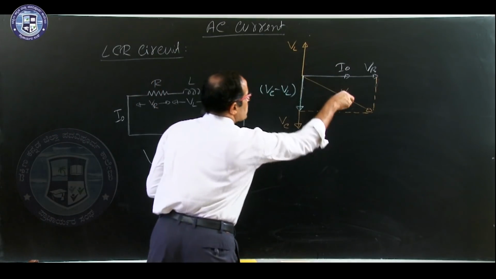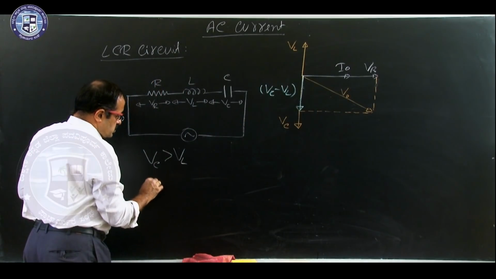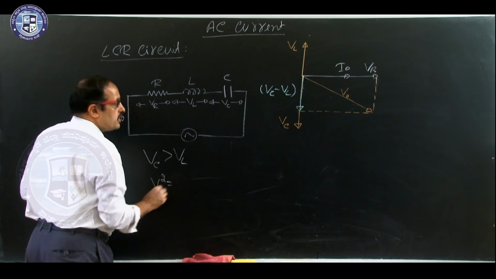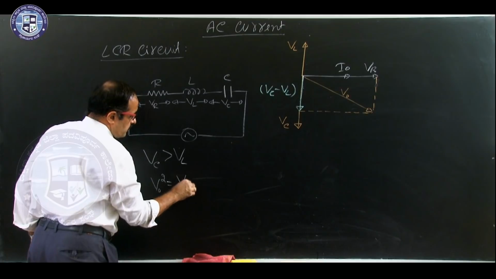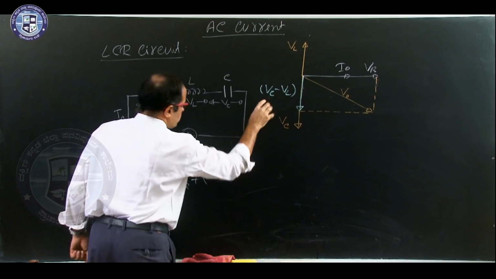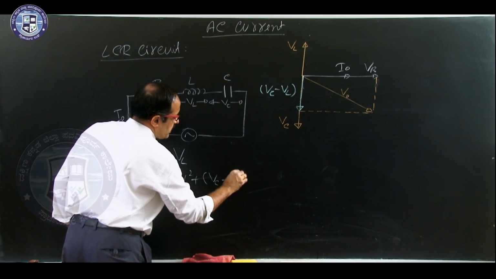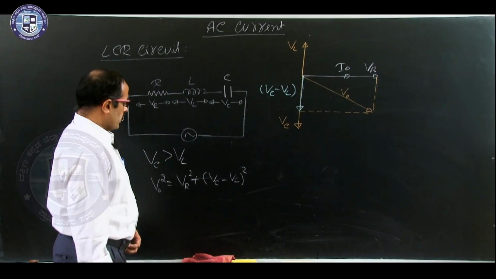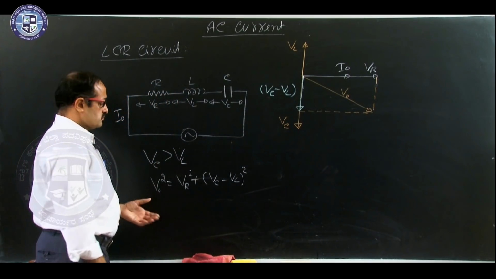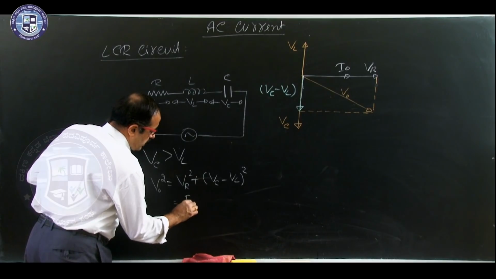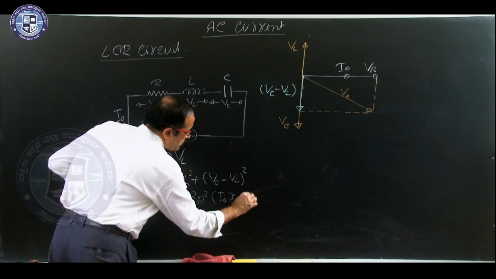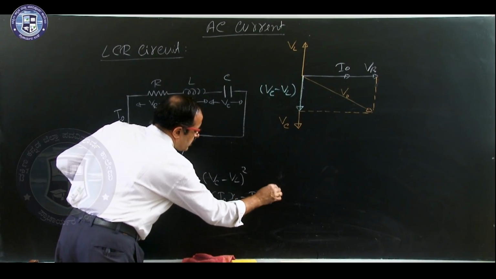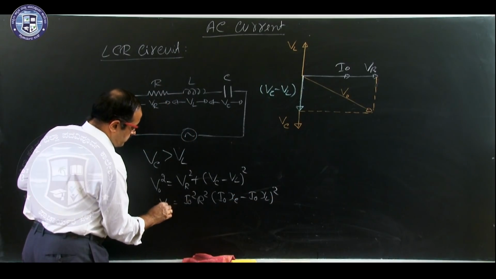Therefore, V naught square is equal to Vr square plus Vc minus Vl whole square, or it is I naught square R square plus I naught Xc minus I naught Xl whole square.